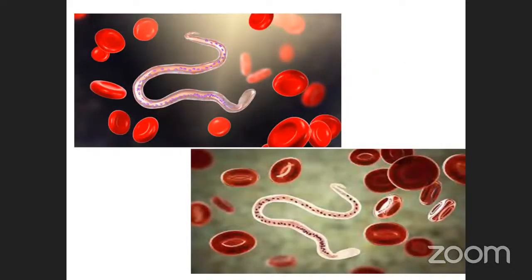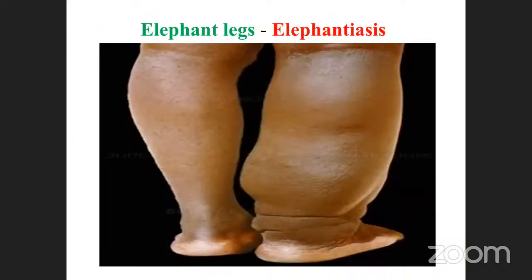See, this is called Wuchereria bancrofti, the worm. These are the RBCs. Just imagine these structures. How it spreads: this is called elephantiasis. See the leg, this is normal compared to this one.